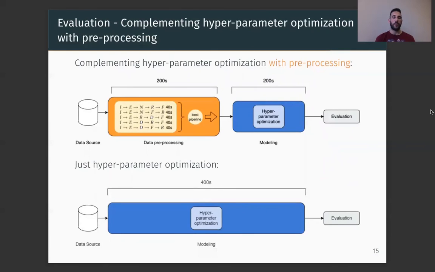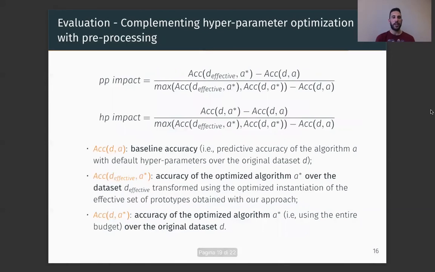We also compare our approach with the plain hyperparameter optimization because we wanted to see if assigning a portion of the budget to the pre-processing could boost the performance. Indeed, we calculated two impacts, the pre-processing impact and the hyperparameter impact.